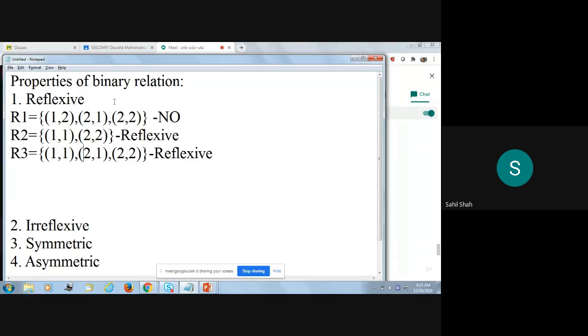Some of you may have confusion about how I can call this reflexive. I repeat, I will only check if 1 comma 1 is present and 2 comma 2 is present. If both are present, I will treat that relation as reflexive, irrespective of any other pairs present in your R. So R3 is reflexive.